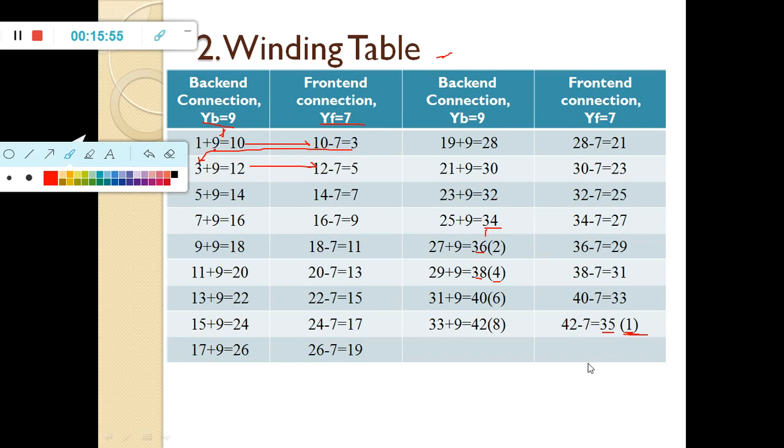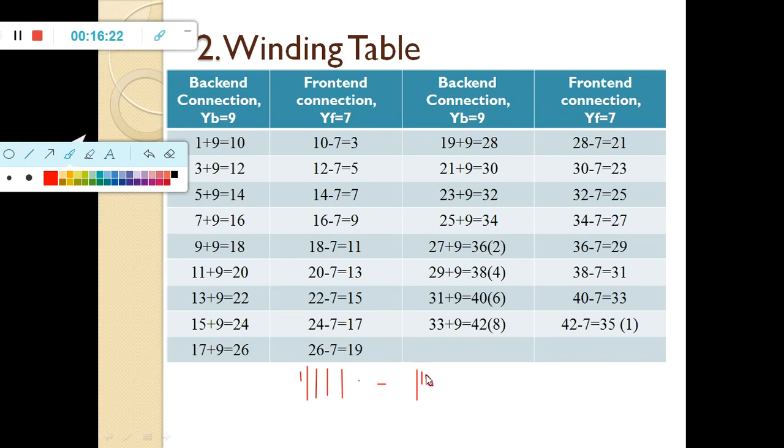From this winding table, what we can get is that the first conductor is connected to the 10th conductor. For example, here I will have 1, 2, 3, 4, etc., and 10. This is the first conductor, and this is the 10th conductor.